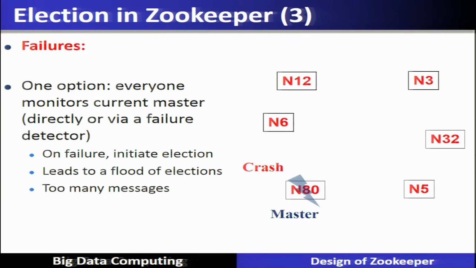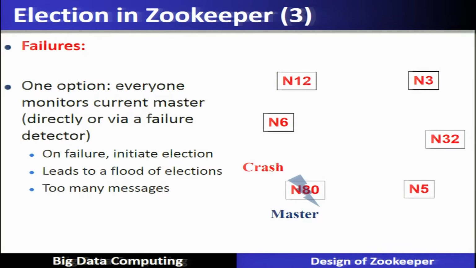Every other node monitors the current master, and whenever it detects that the master has failed, it will initiate an election. That would lead to a flood of messages, too many messages.